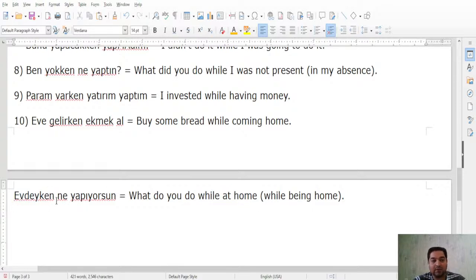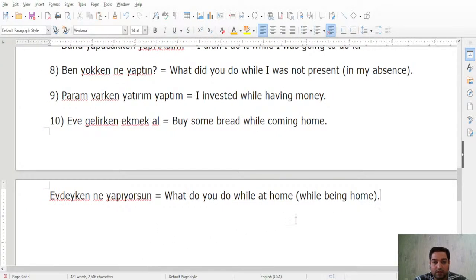Evde iken, you combine, now you throw away the i, but you get here the fusion letter ye. That's how we don't say evdeken, okay? Evdeken is not correct. Let me just note it, it's important. We don't say evdeken, even if there are no two vowels. Evdeken is wrong. We say evdeyken. Why? Because you connect iken. Evdeyken, not evdeken, even if there are no two vowels for this fusion letter.